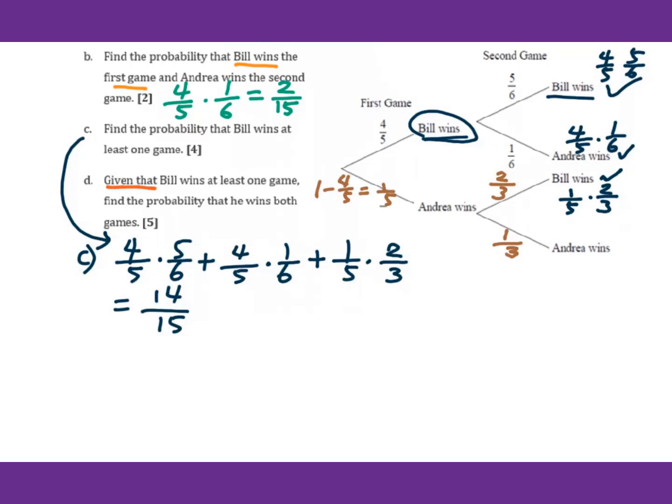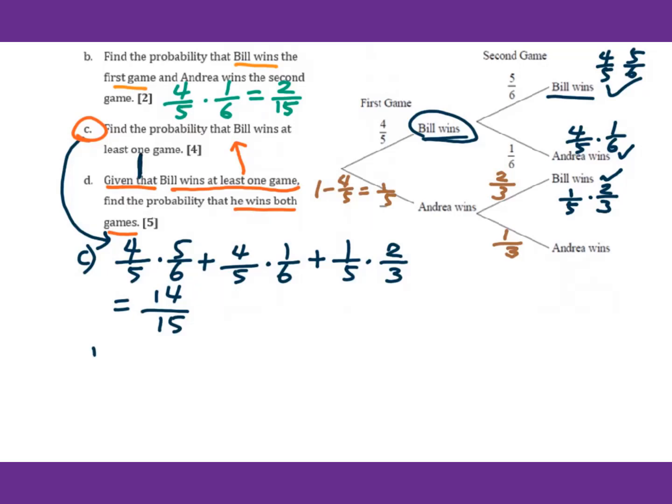Let's go to D. Given that Bill wins at least 1 game, basically that's the answer for C, find the probability that he wins both games. Given that means a bar.